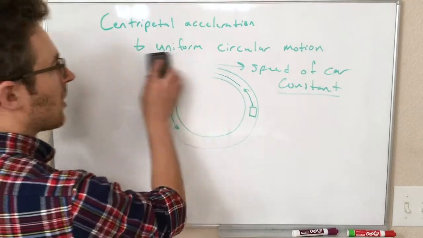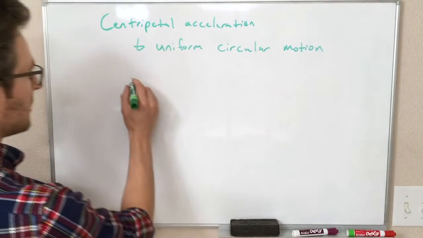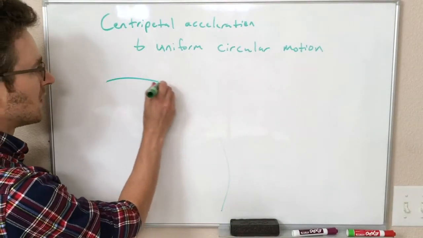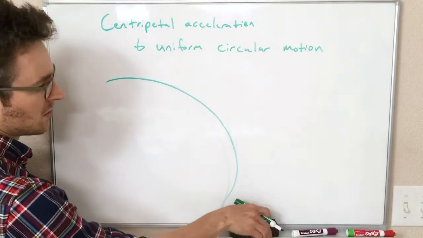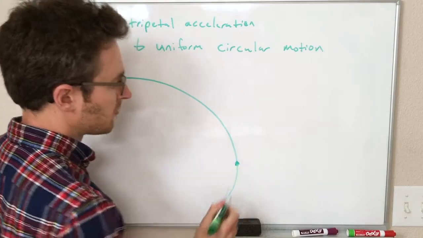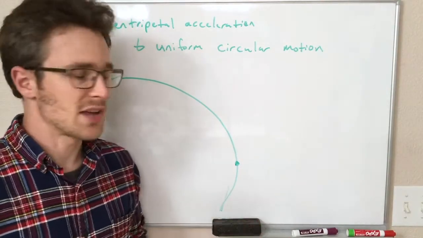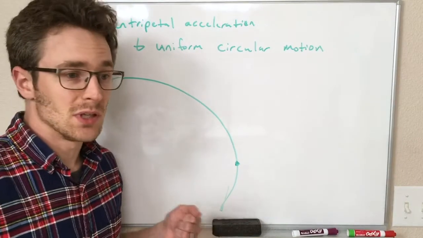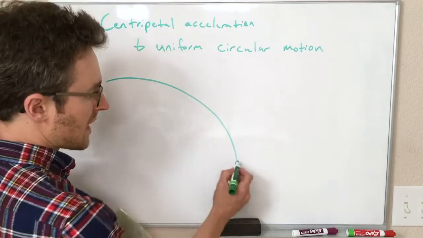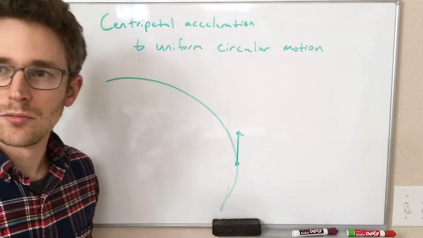I'm going to redraw this just a little bigger so we can see part of it. So here's part of a circular arc. Let's look at a couple points on this circle. Let's say our car is right here. We know from the definition of velocity that the velocity is going to be tangent to the path the car follows. So at this point, our velocity is going to be straight up because that's the tangent direction.